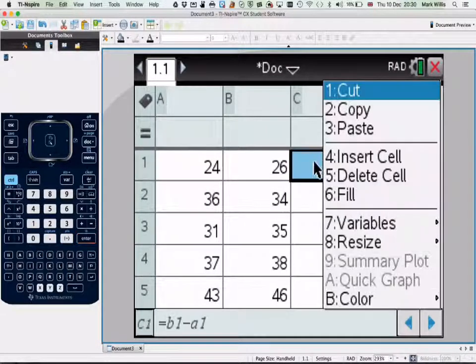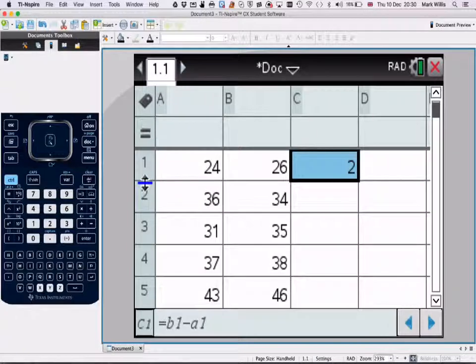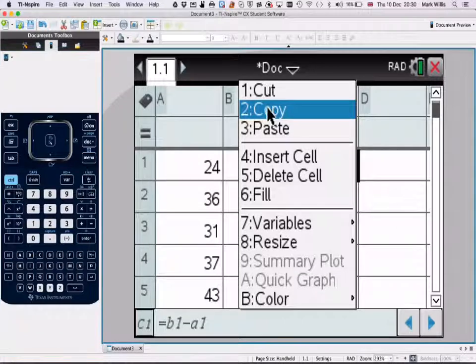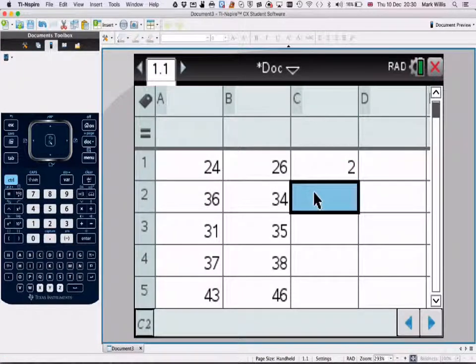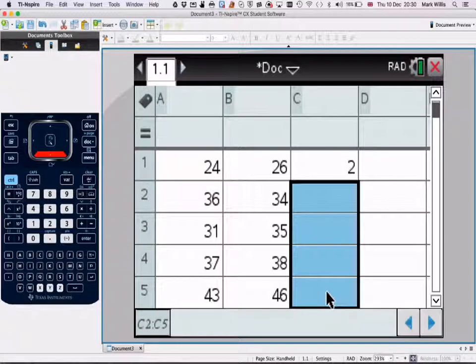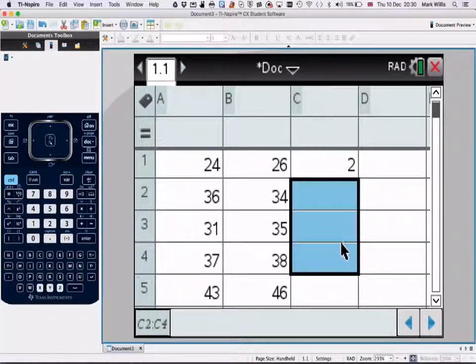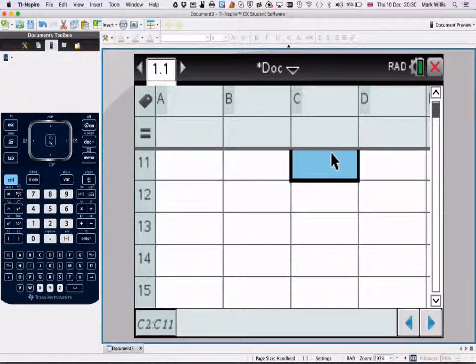Right, if we put it back on there, and if we want to do right click, so it's control menu on your calculator, I can just do right click, do copy, and then scroll down to all these. Just make sure we don't go down too far, it's a little bit fiddly on the calculator because it goes a bit too far.